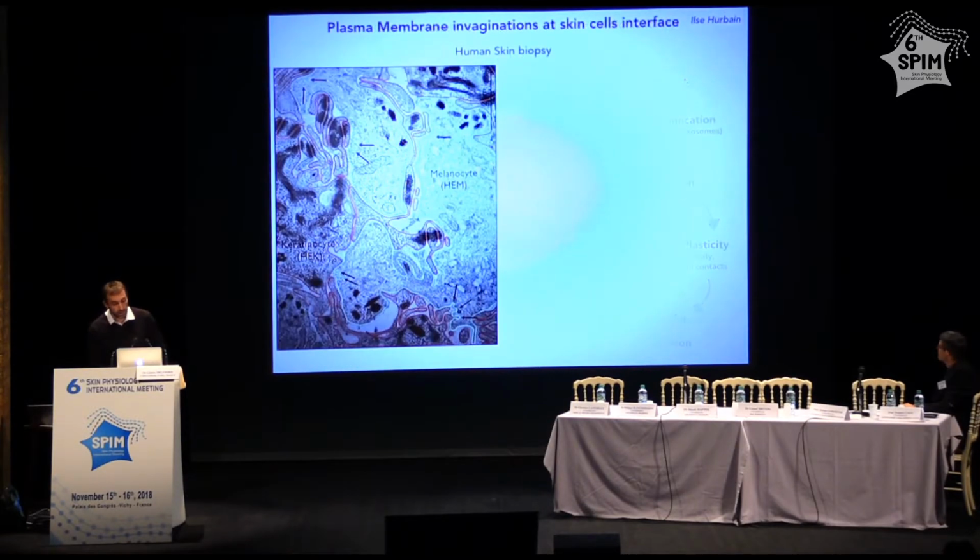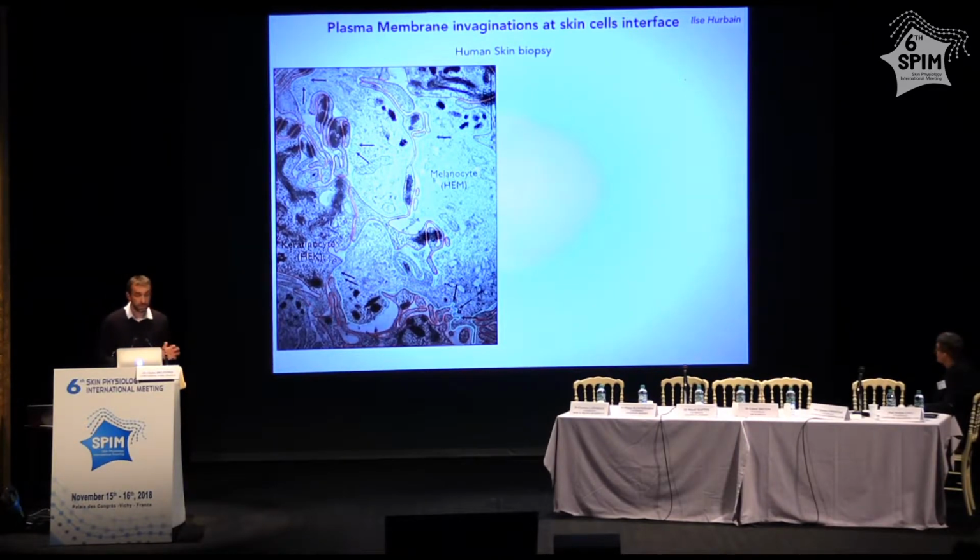We decided to use human skin biopsy to perform electron microscopy on that tissue, in order to have a very close look at the ultrastructure of the melanocyte-keratinocyte interface. The idea behind was that if there is some molecular platform that is able to sense these extracellular signals and to translate these signals, it should be at this interface.